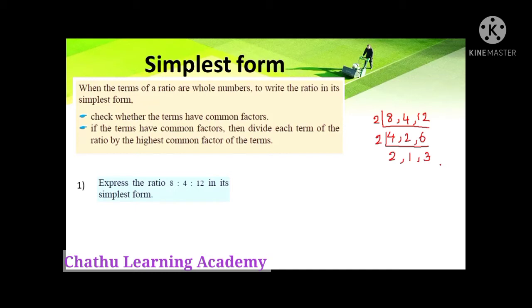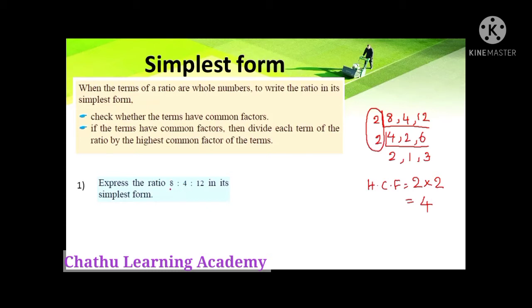Are they divisible by any other prime number? No. Then HCF is equal to the product of these two values. 2 into 2, 4. Then what we want to do here?